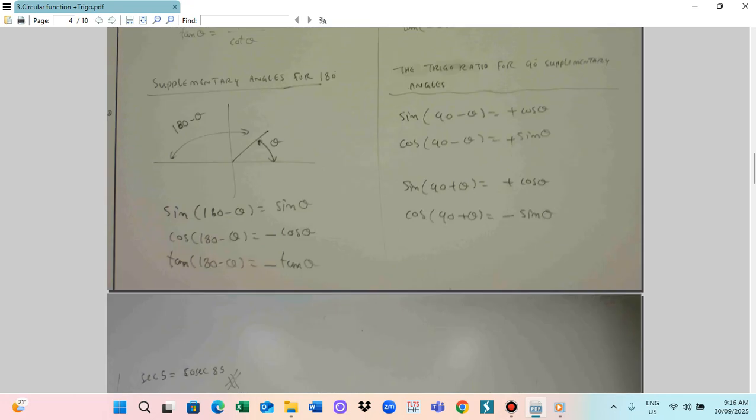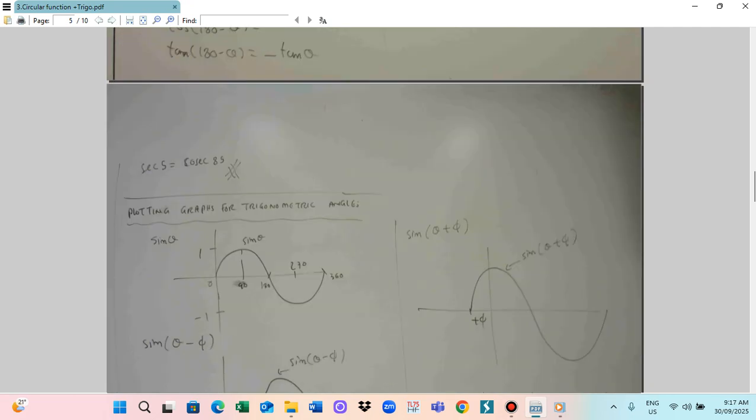Substituting theta equal to 5 degrees, sine(90 minus 5) is equal to cos 5. So sine 85 is equal to cos 5.